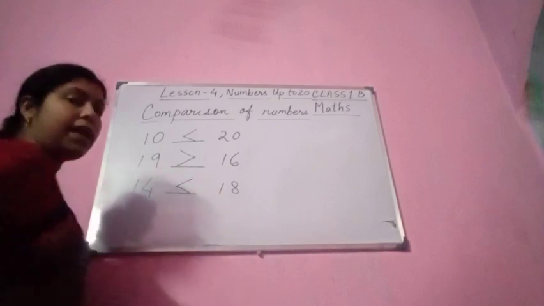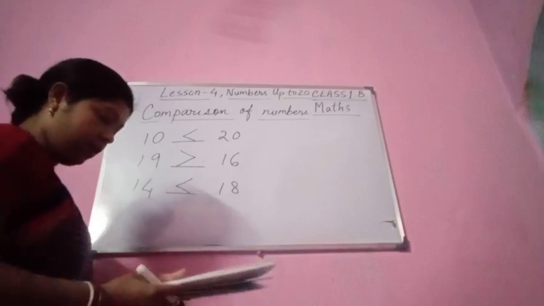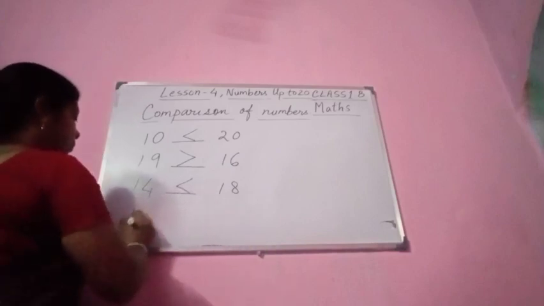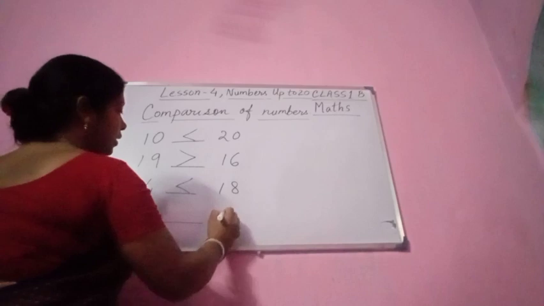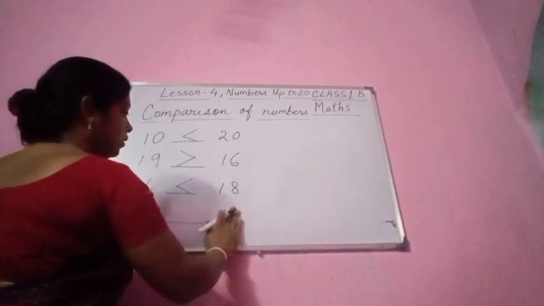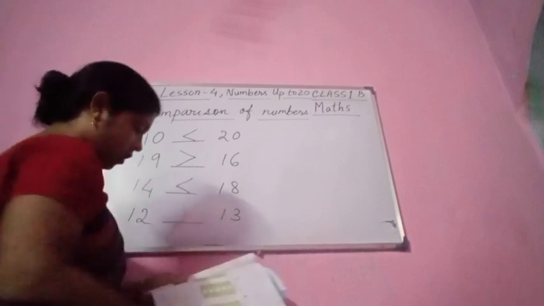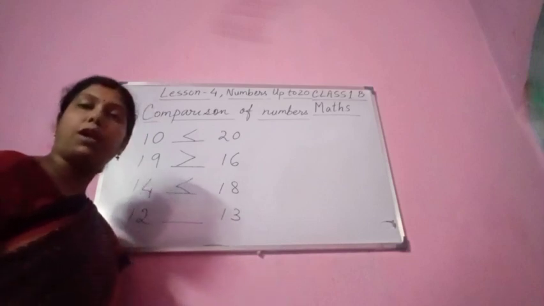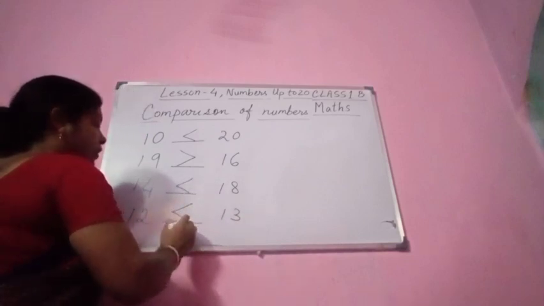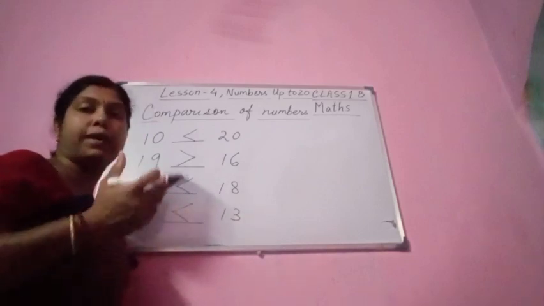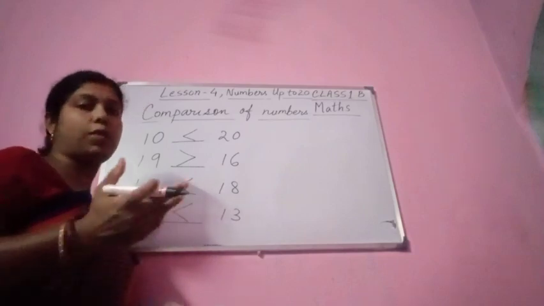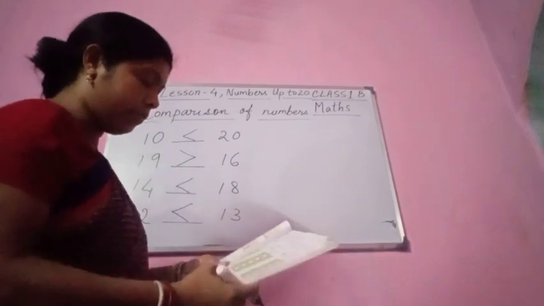Next number you see 12-13. Okay, so 12 is smaller than 13, or 13 is bigger than 12. Anyways, you can say.